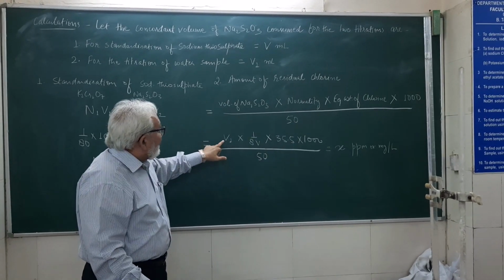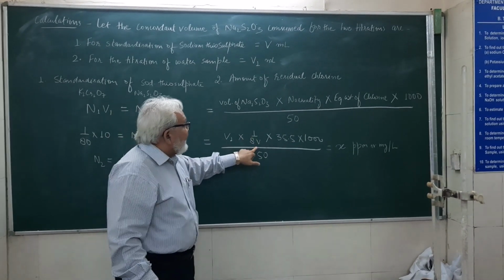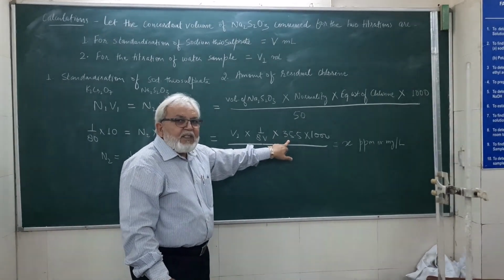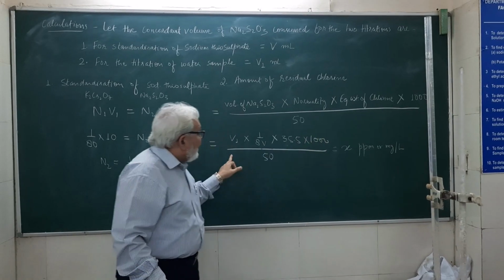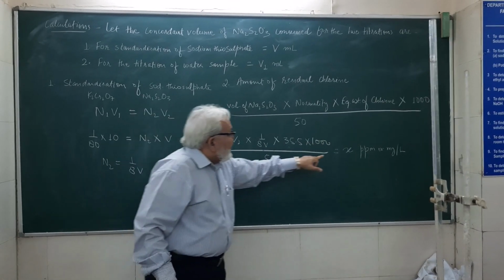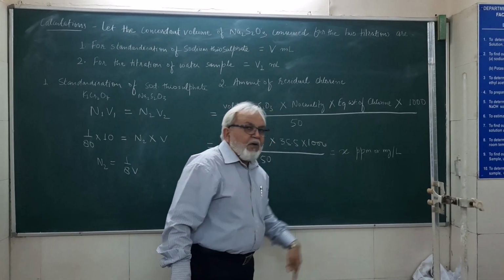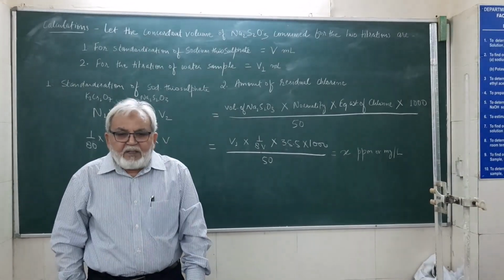So this will be equal to V1 into 1/8V, 35.5 is the equivalent weight of chlorine, multiplied by 1000 divided by 50. This may be X ppm or milligrams per liter.